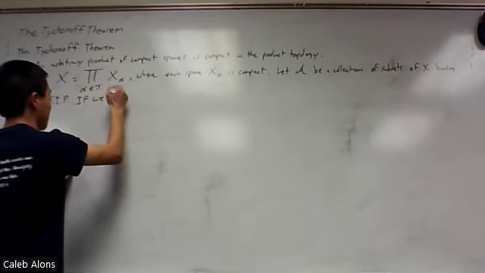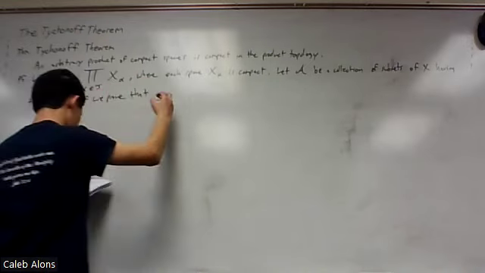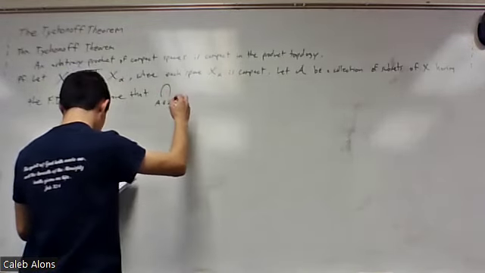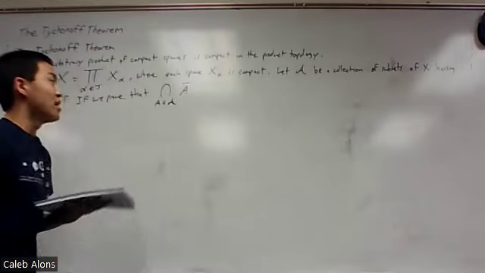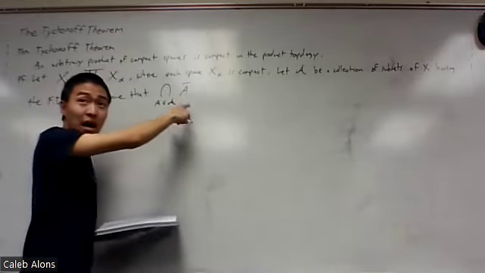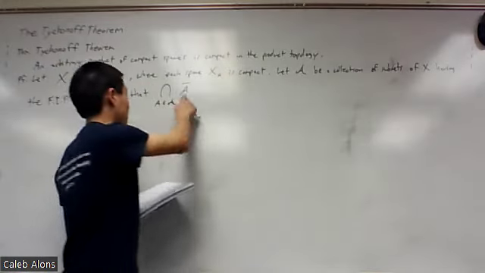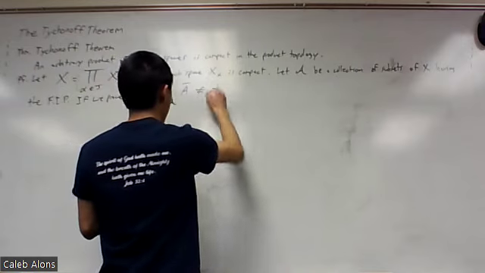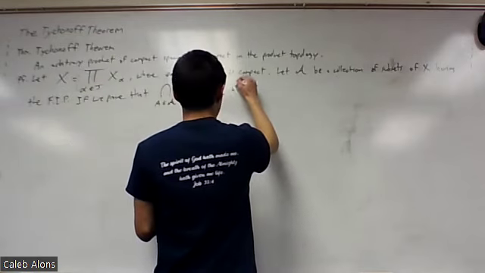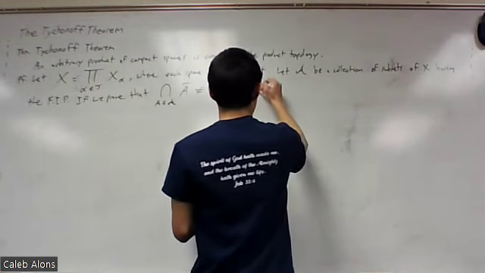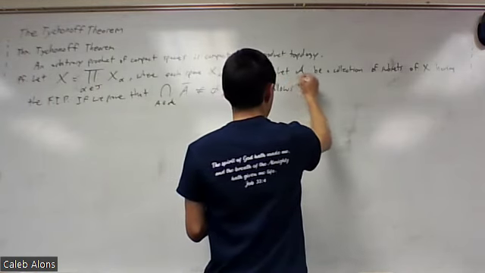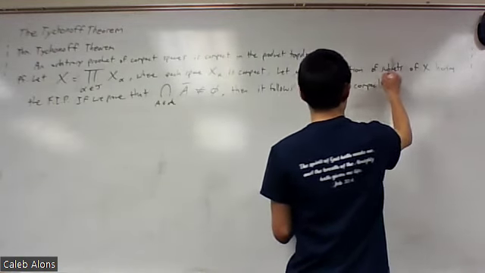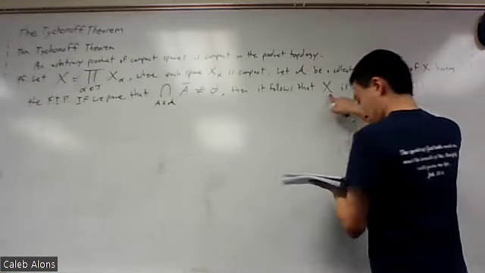So if we prove that this intersection, so if I take the subsets of my collection and then their closures, you might be wondering why the closures, and I'll probably have time to talk about the motivation for this, because there's a nice visual when you can motivate that. So as long as that's not empty, then it follows that X is compact. That's kind of the whole point of the chart here, showing that this is compact.